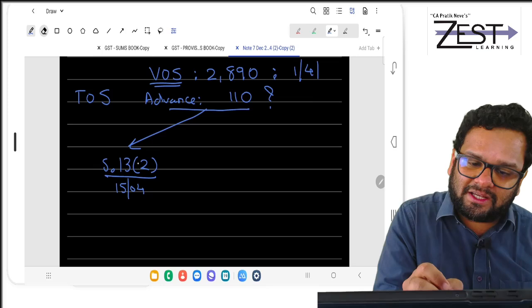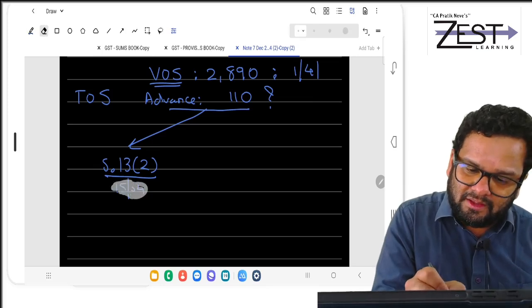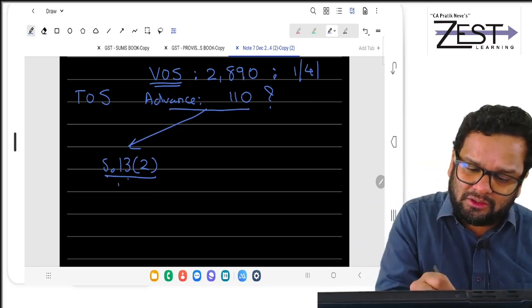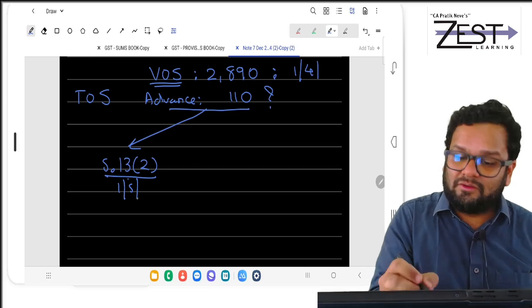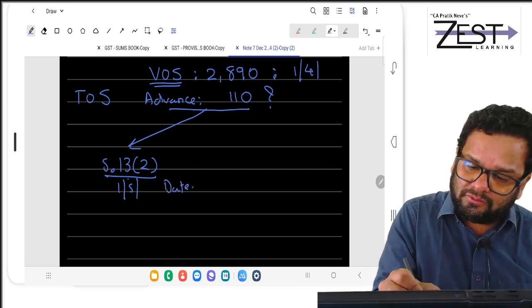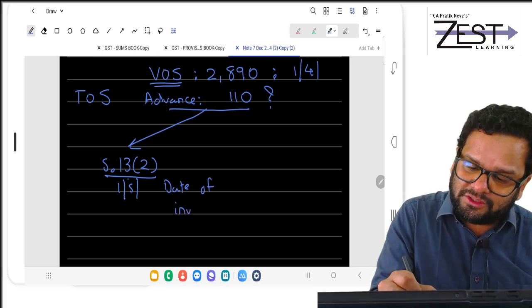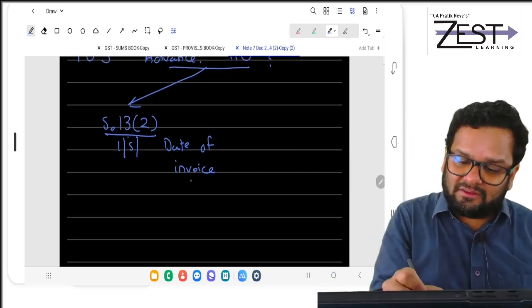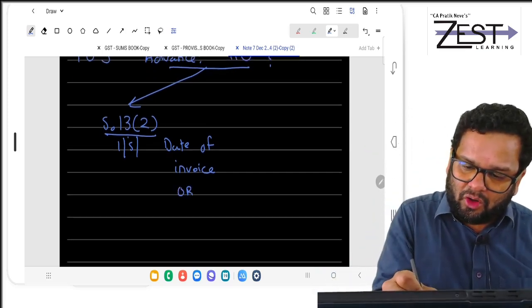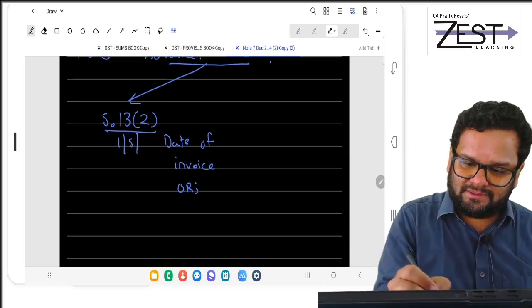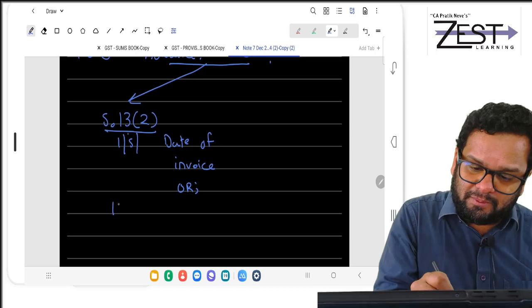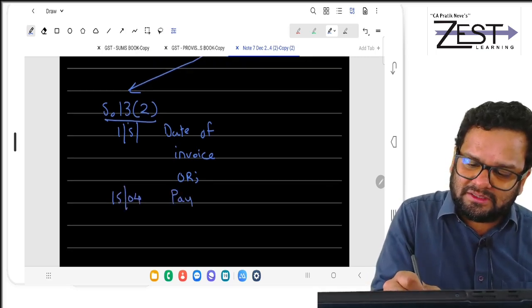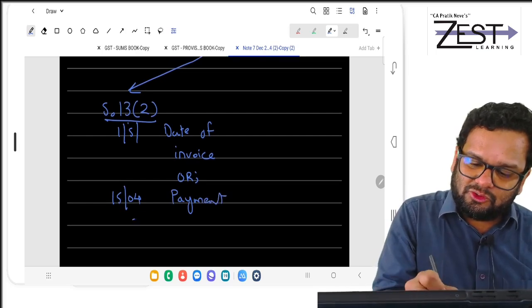When will I make the invoice against this? This will be adjusted in the month of April. Invoice for this will be made on 1st May. 1st May is the date of invoice, when this 110 will be adjusted. So that, or the date of payment, 15th April, whichever is earlier. So it will be 15/4.